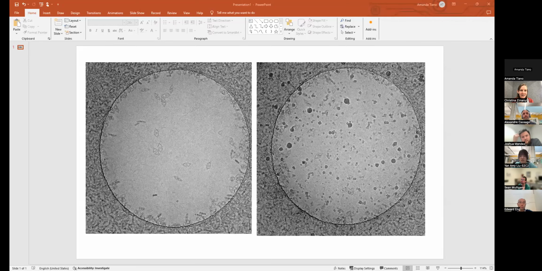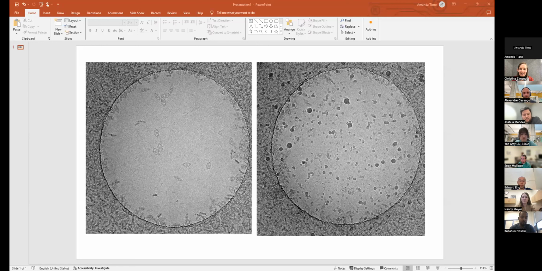Can you guys see my screen? Yes. Okay. Yeah, so these are some DNA origami structures, and the issue that I'm having now is, the picture on the left is initially, everything looks great. There's maybe a tiny bit of contamination, but we do have a lot of really nice structures in the holes.